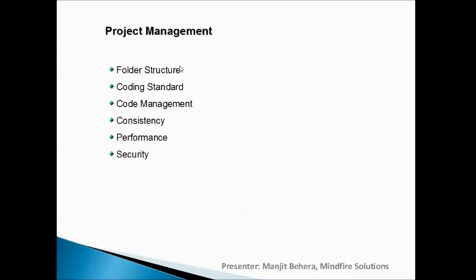Folder structure again comes under the coding standard, you can say. For an application we must follow a particular subfolder structure. Coding standard we already discussed, the defined coding standard for a project. That might be a standard coding for the application, or it might be the company standard, or it might be the application oriented coding standard.